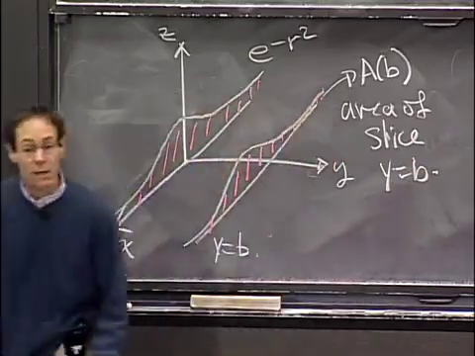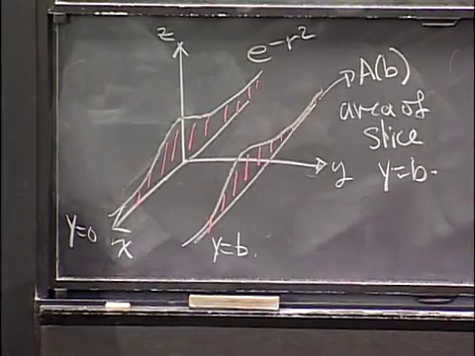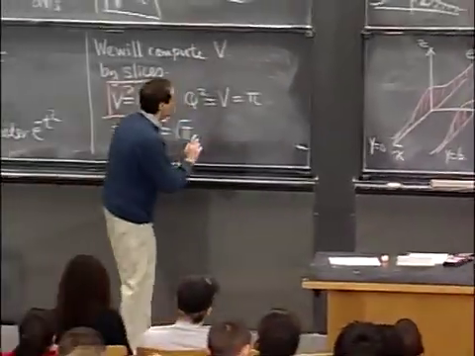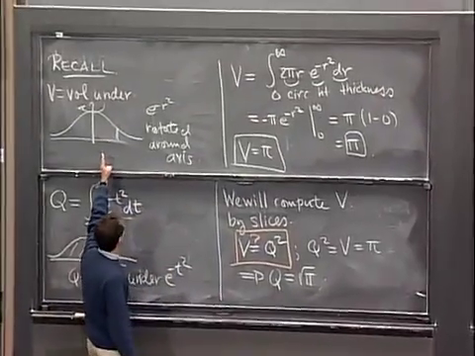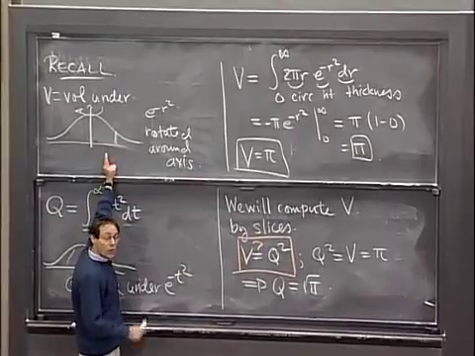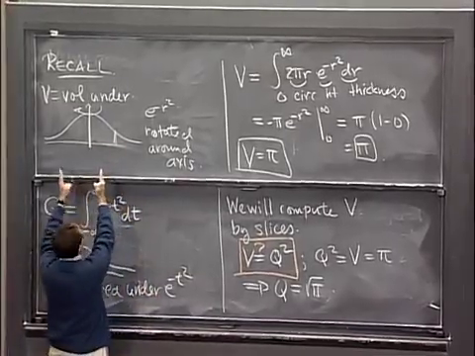Yes, question? Is the solid the rotation of this curve? Yeah, the solid, yeah. We're trying to figure out this volume here, which is the one we started out with, by slices. So first I have to think of, I'm going to visualize, so here I didn't even visualize it.